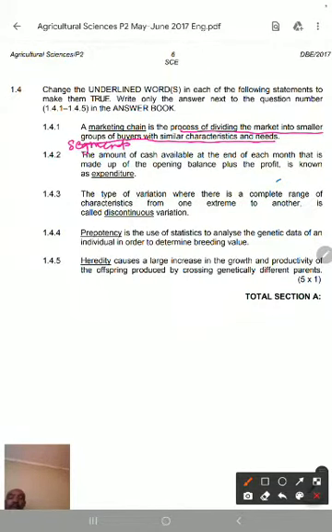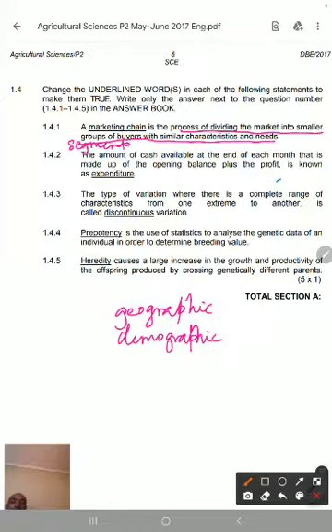Sometimes it is done by geographic location: people from one city want this product a certain way, and people want products differently from city to city or country to country. Or demographics: different ages want this product differently.